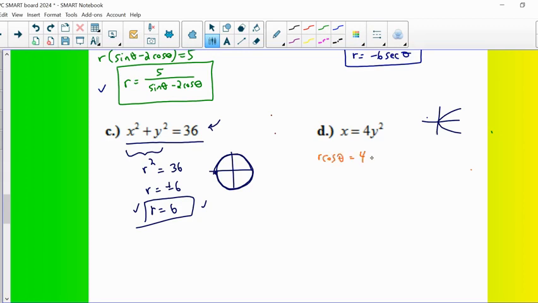Every y is equal to r sine of theta. So we're going to square that. And so then what we end up getting is r cosine of theta equals 4r squared sine squared theta.